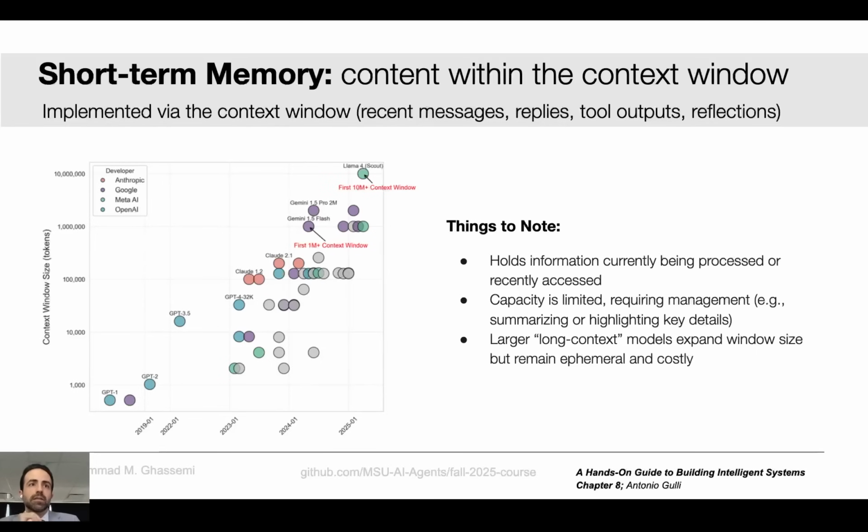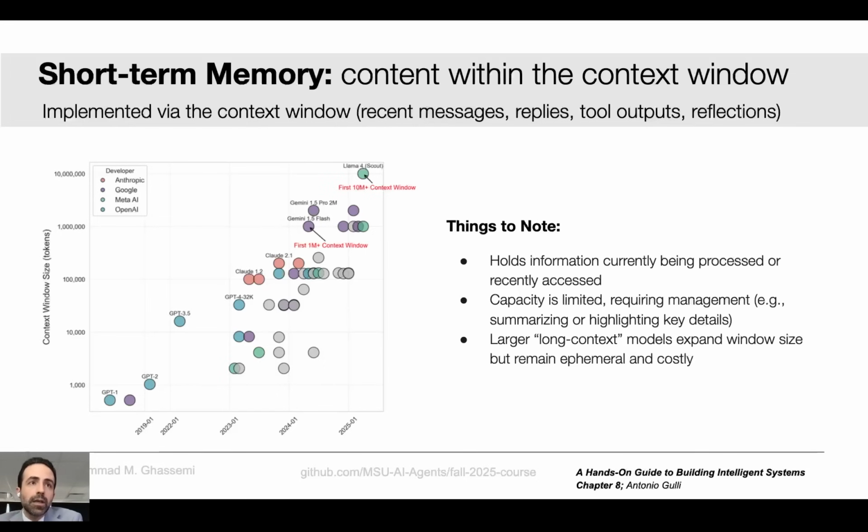Millions of tokens is not small, but if you've ever used a large language model on a significantly sized code base or across a significantly large set of documents, you know very well it can't hold an infinite amount of information in short-term memory. And even when it can, the information that's irrelevant to the core question you're asking can confound the performance.